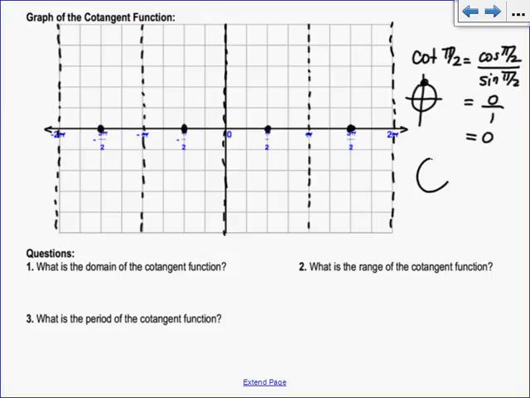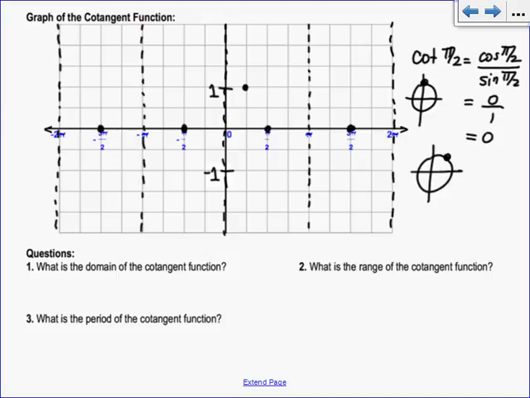The key to doing cotangent and tangent, the ones I always think of, I don't think of any of the other ones. I think of my pi over 4s. At pi over 4, what is cotangent? Cotangent of pi over 4 is root 2 over 2 divided by root 2 over 2, which is 1, right?